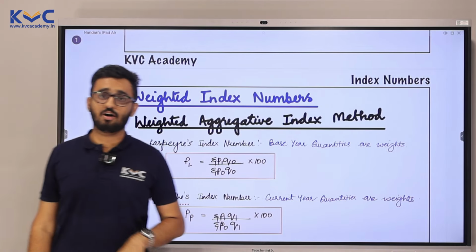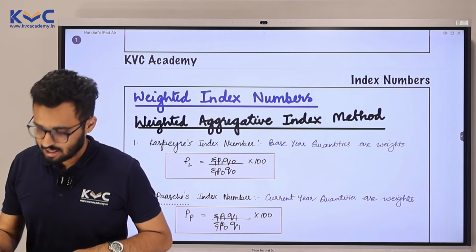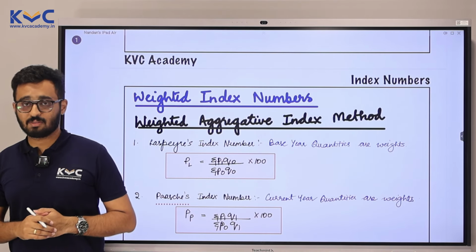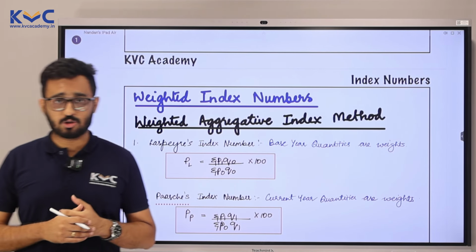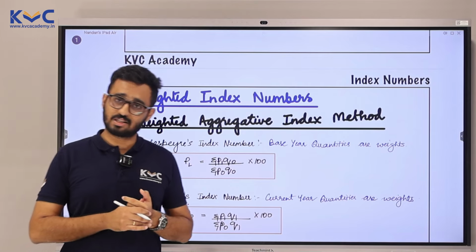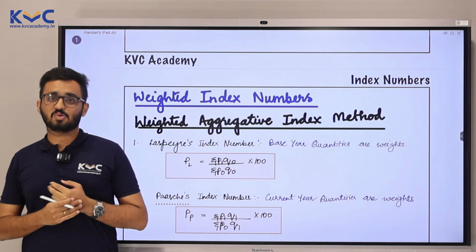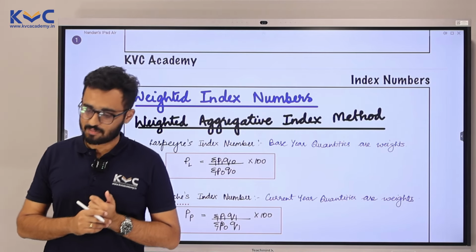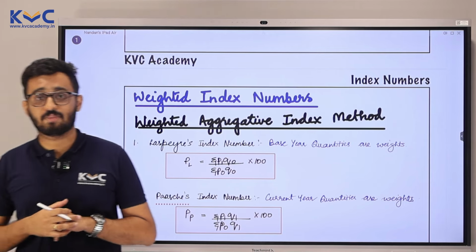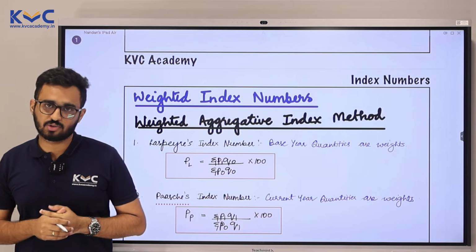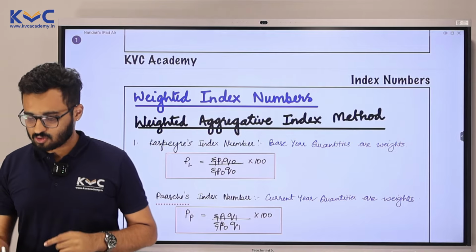So that is the logic of Laspeyre's index number. So price index number will be summation P1 into Q0 divided by summation P0 into Q0 into 100.